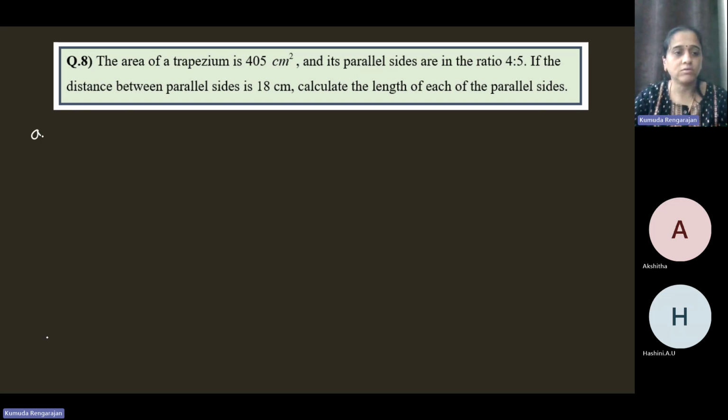Area is given. So area of trapezium is equal to 405. Area is half into h into a plus b, which is equal to 405.